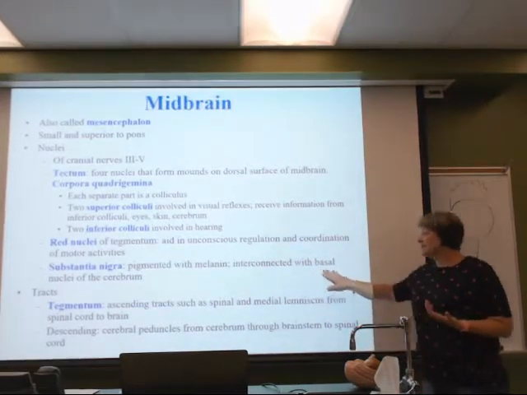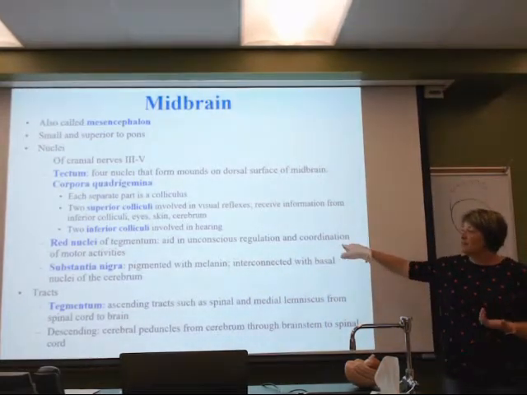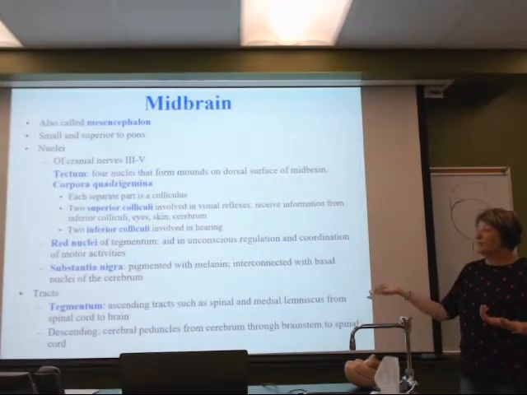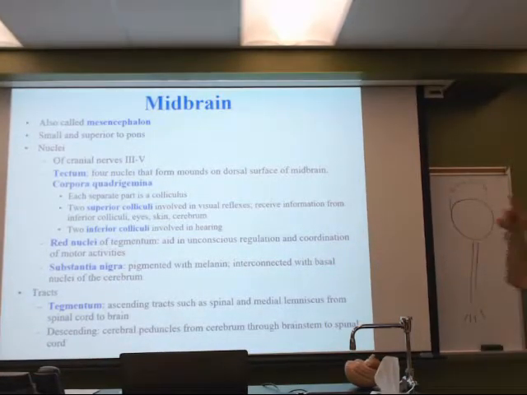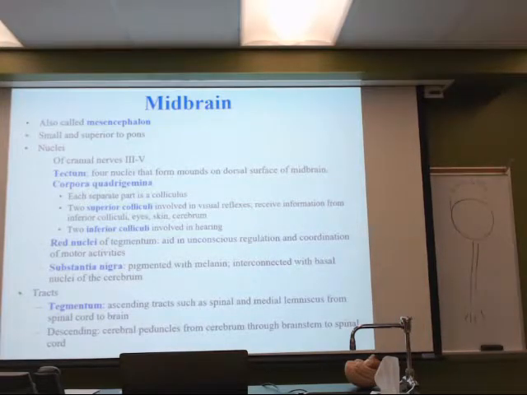What this is basically saying is the red nuclei are unconscious. In other words, it's helping in an unconscious way to regulate and coordinate motor activity. What would be a motor activity?